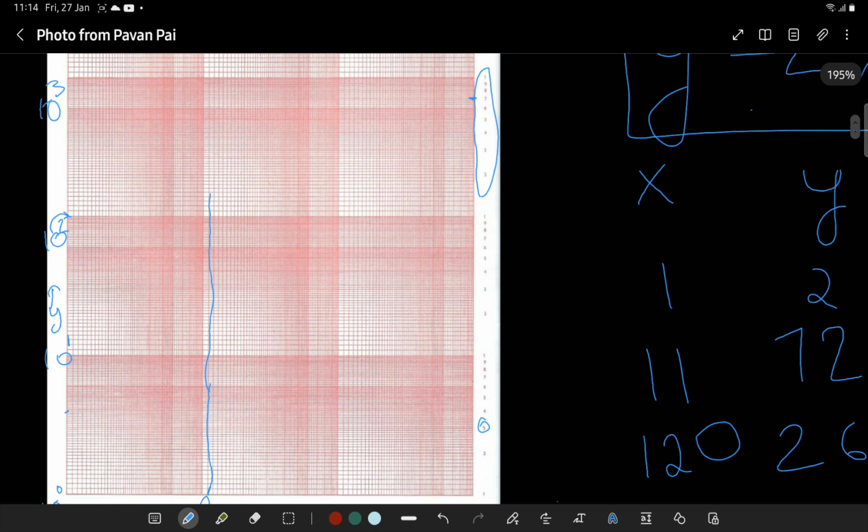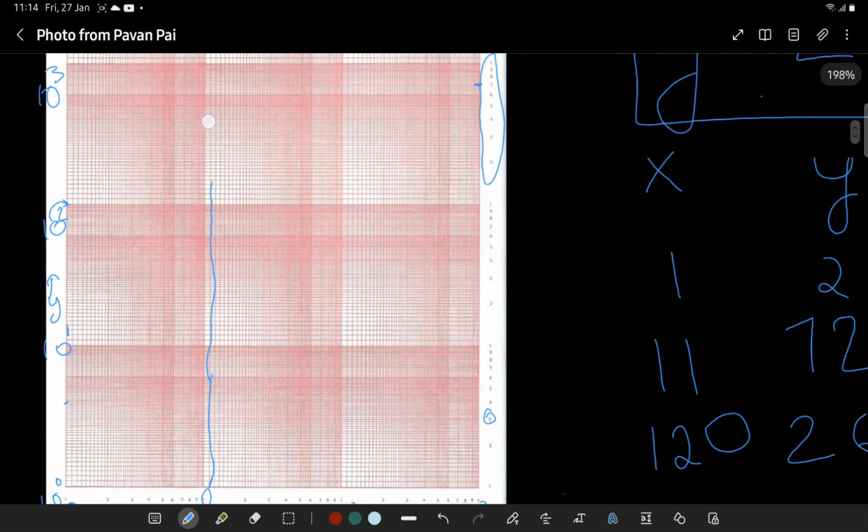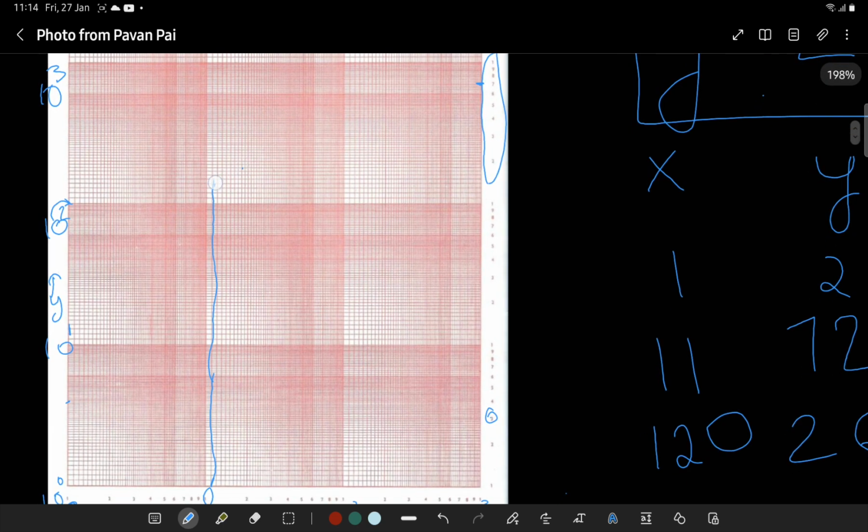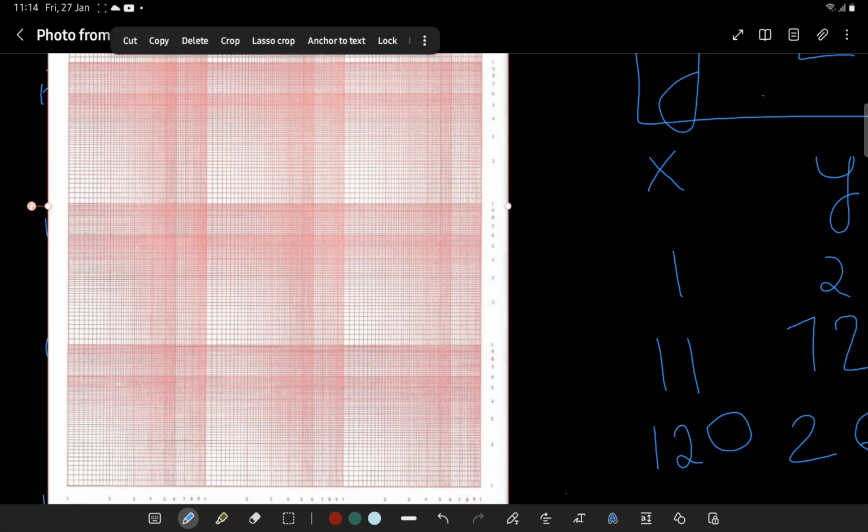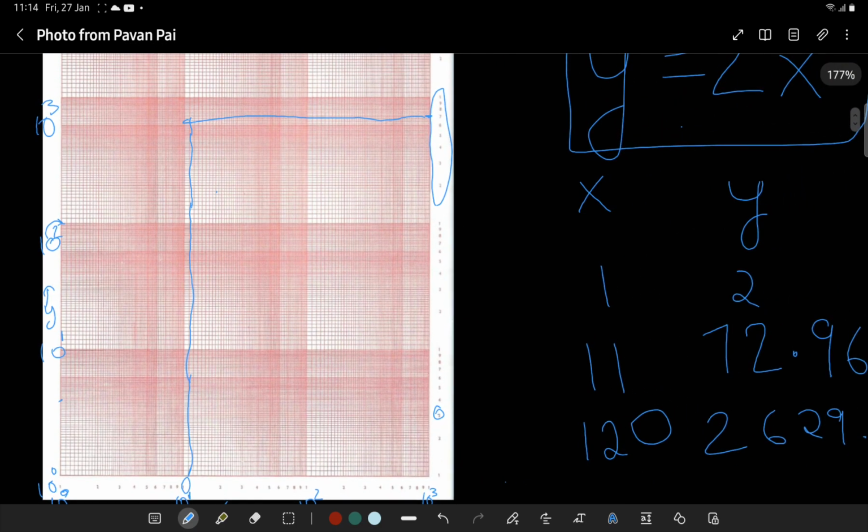Intersection of this straight and still more, and this one. Sorry, it will come here. Approximately the point is here. Hope you have understood. See, now it's clearly visible. Here the point is coming.